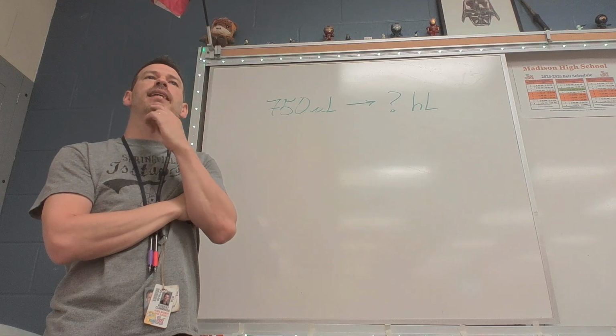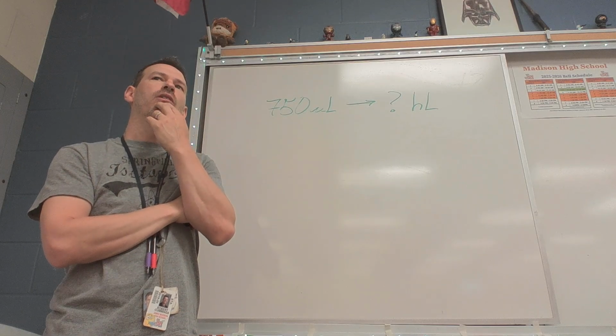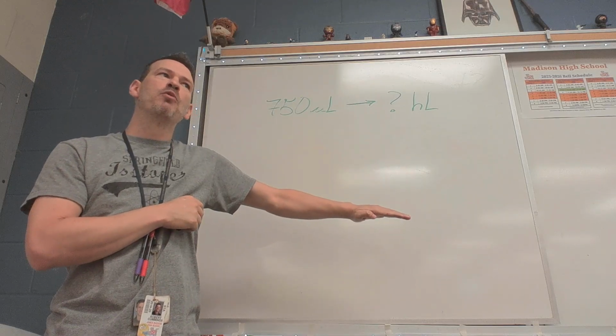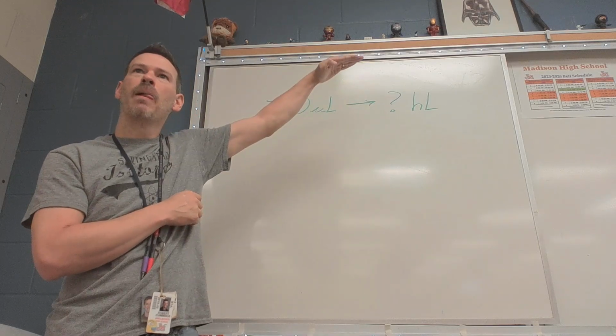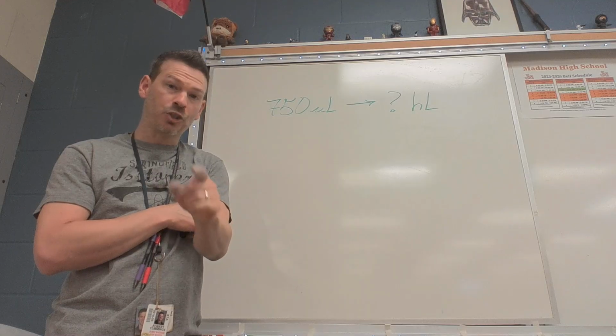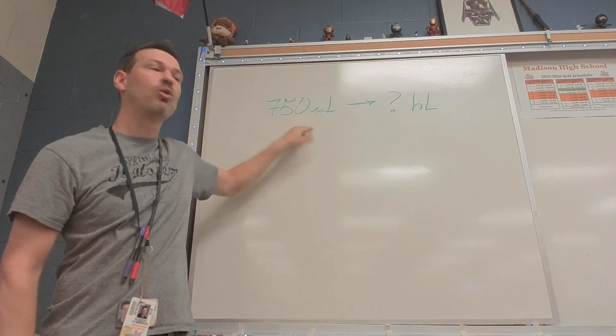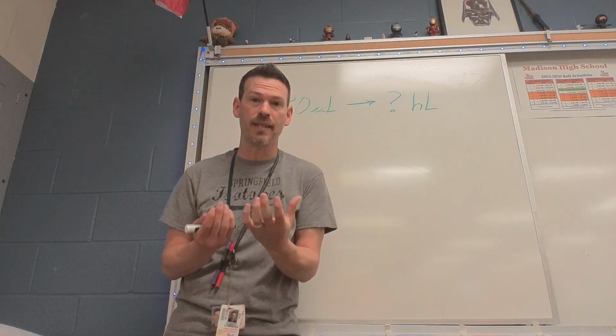Is the unit getting smaller or larger? Larger. Do you see how micro is near the bottom and you have to move up to get to hecto? The unit's getting bigger, so the number needs to get smaller. So I know that my resulting number, whatever I write, better be smaller than 750.